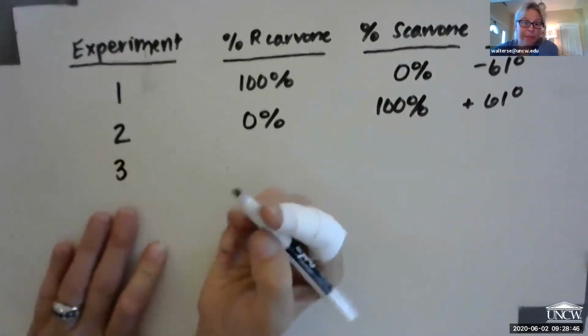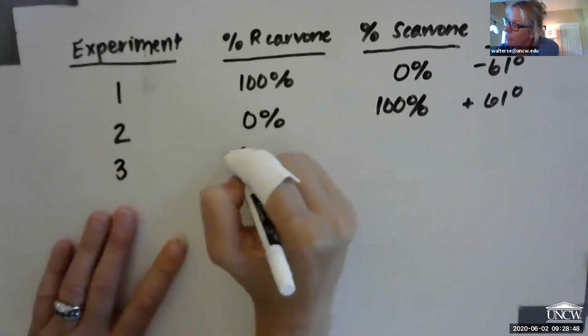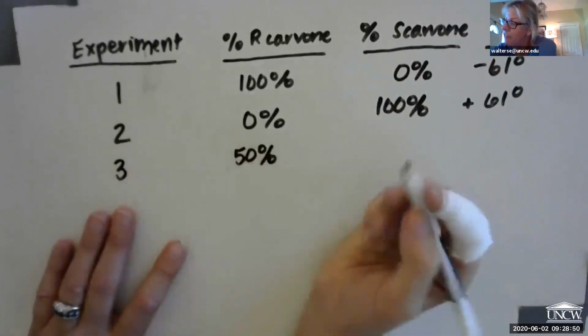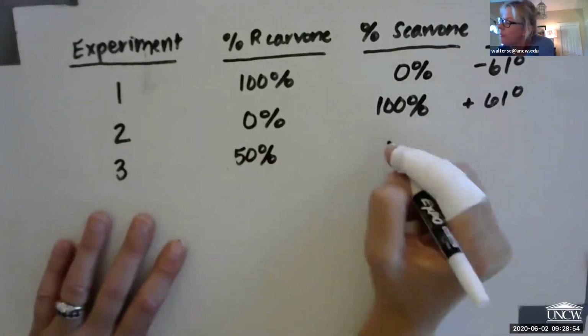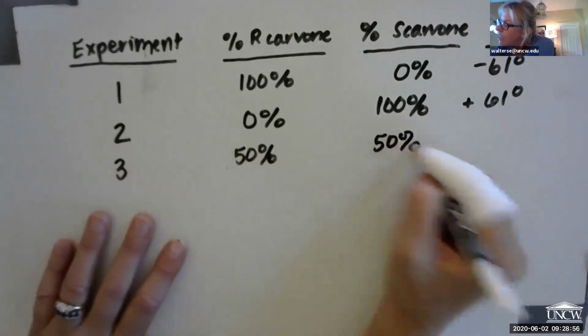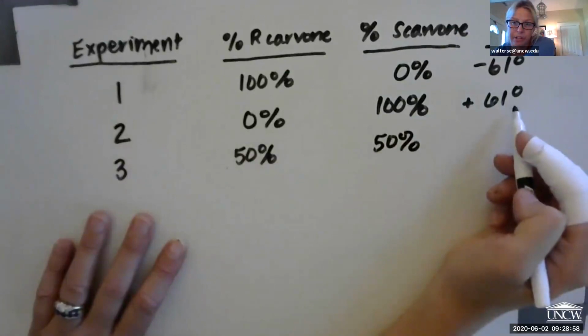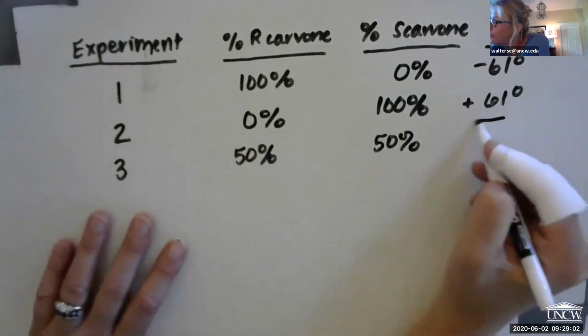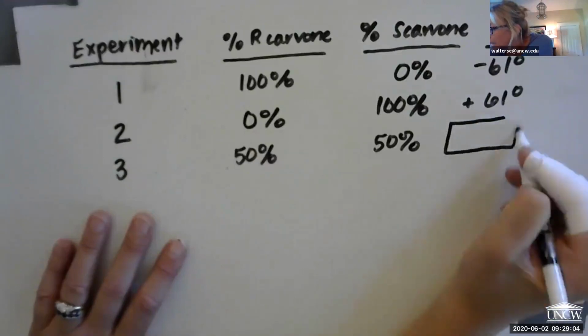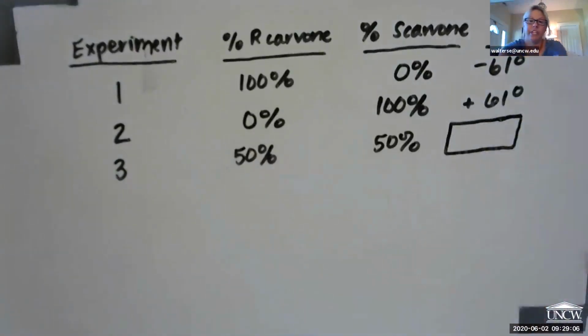Now in experiment 3, we're going to put in 50% of the levorotatory molecule, 50% of the dextrorotatory molecule. Does anybody have a guess at what the optical rotation will be if it's 50-50? We got a vote. Somebody's coming in on the chat. 0. Karen says 0.